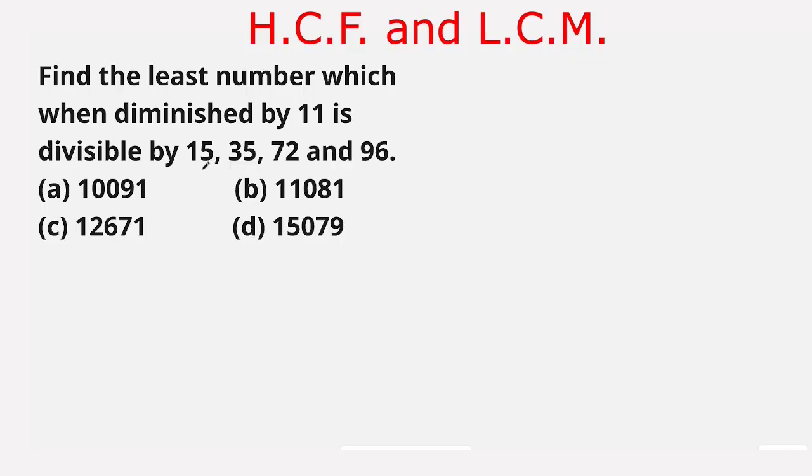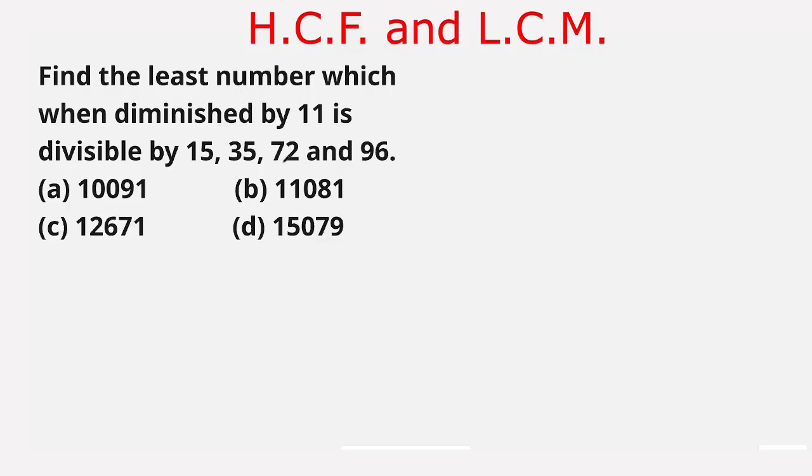Because if the number has to be divisible by 15 and any even number, that is 72 or 96, then it must end with 0. For being divisible by 15, the number must end with 5 or 0. But if it has to be divisible by 72 and 96, then that number must end with 0, not with 5 or any other digit.